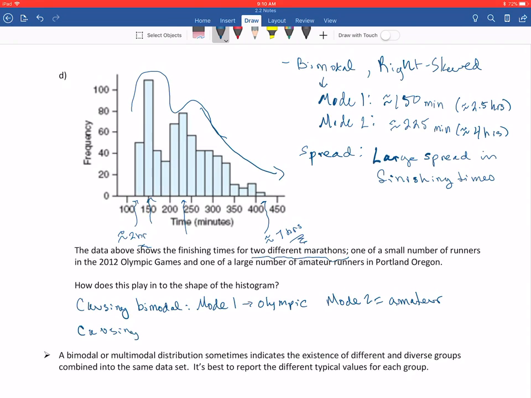I also think that's probably causing the skewness. I think if you put a bunch of amateur runners in a marathon, you're definitely going to have those few stragglers way out here on the end. They will have some really slow finishers.